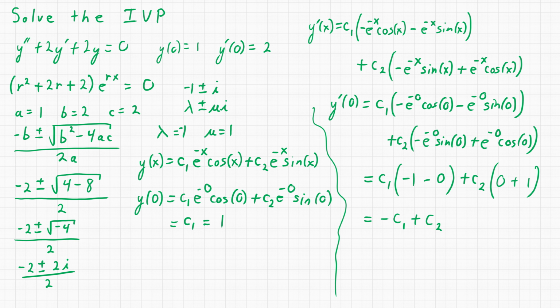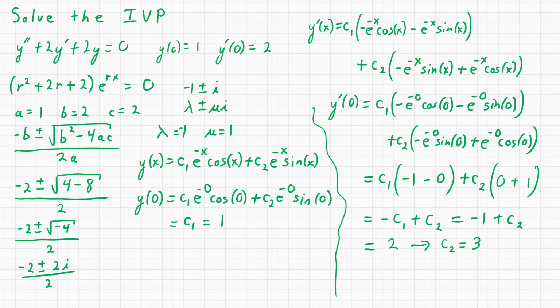But I also know what c1 is. c1 way back when was 1. So this is actually negative 1 plus c2. And I also know that this has to equal the initial condition. y prime, when x was 0, was supposed to be 2. So this has to equal 2. That will mean if I add 1 to both sides, we get c2 is equal to 3.